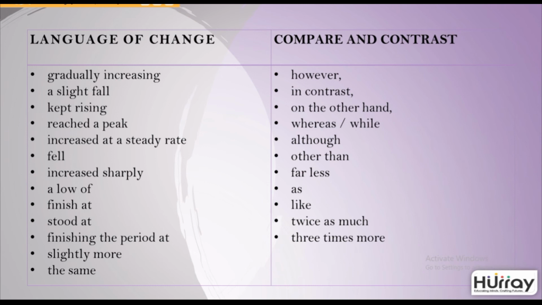Words like gradually increasing or reached a peak or increased at a steady rate denote an increase or a higher level. Whereas phrases like slight fall or fell or at a low of denote decreasing. So instead of just using the words increased or is at this percentage, you could use these kinds of phrases to improve your language skills as well as your vocabulary score.